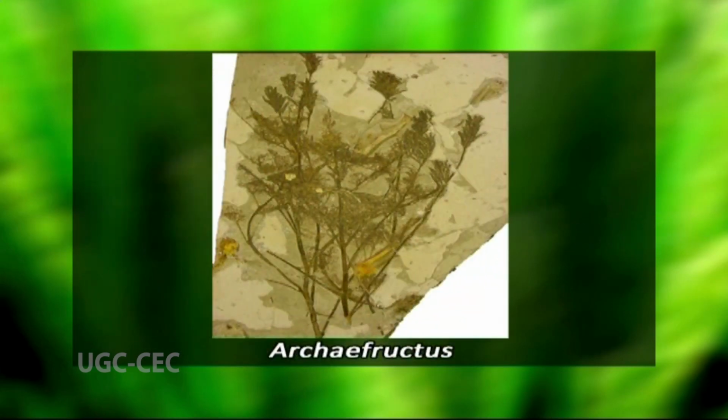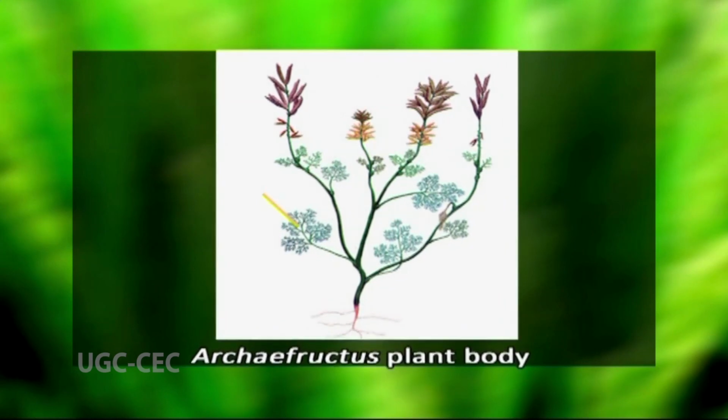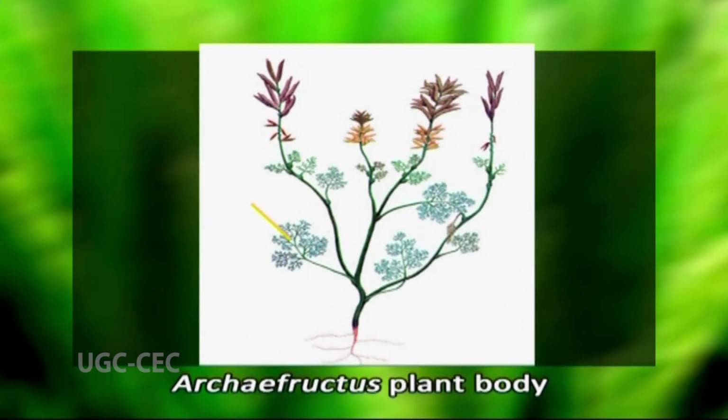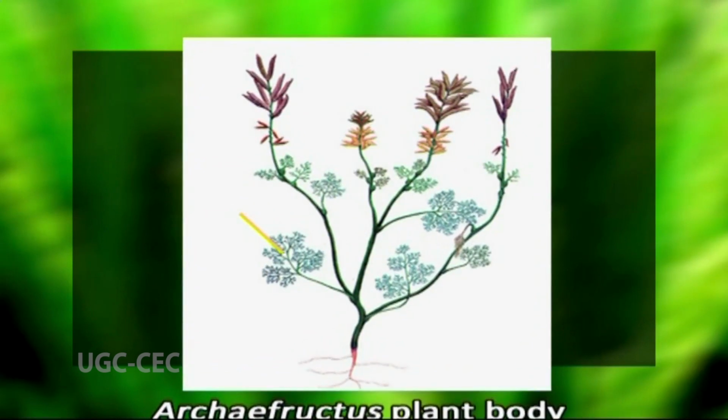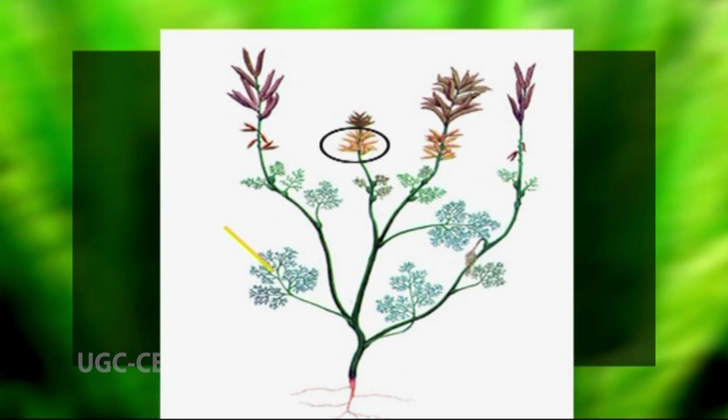The genus Archaefructus, now with 2 described species, was apparently an aquatic plant and had dissected leaves and elongate reproductive axes. Each of these reproductive axes possesses tiered stamens below and several seeded carpels above.